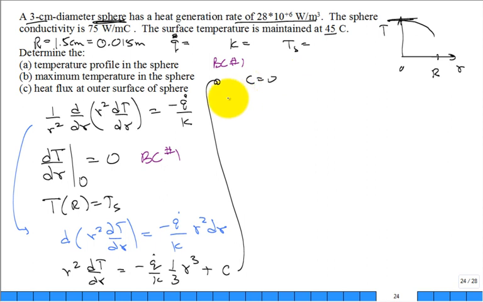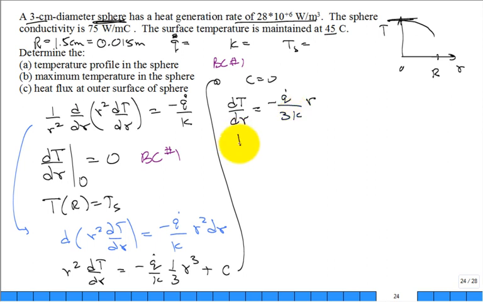Now we clean it up and get back to our equation. Our equation now is going to be derivative of temperature with respect to r equal to minus q dot divided by 3k. And now I'm going to divide through by that r squared, so it's back just to r right there. You see that? A little tricky.